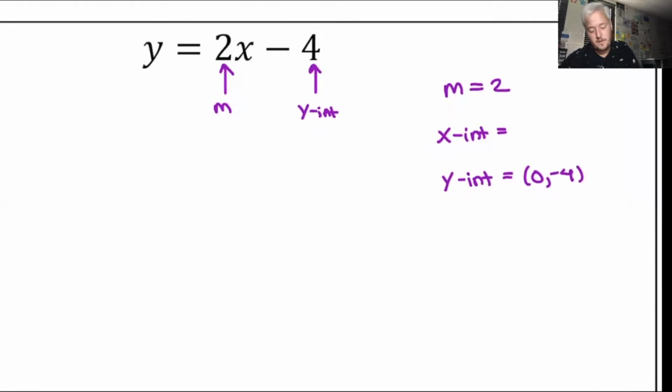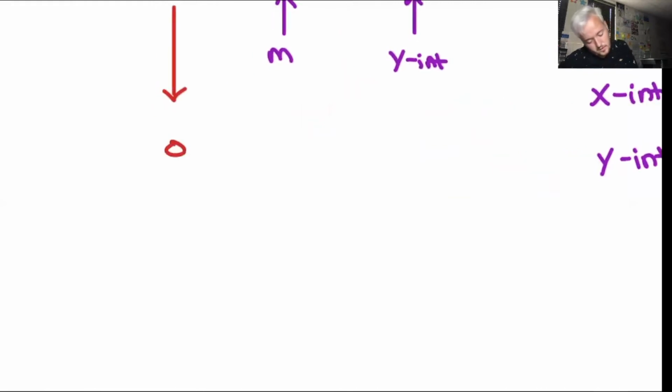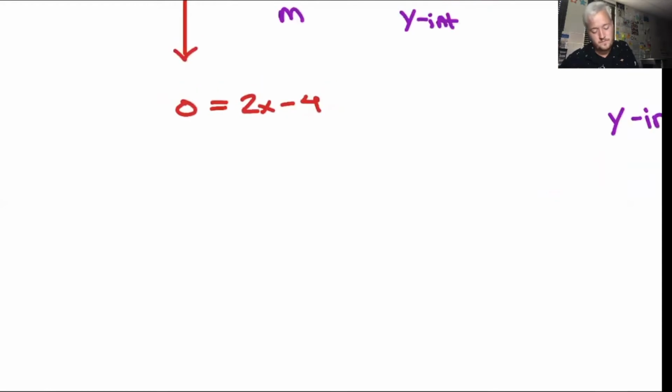So if you remember, to find the x-intercept, we make y equals 0. So I'm going to bring this down. So I have 0 equals 2x minus 4. Now I want to solve it for my x value. So add 4, add 4.